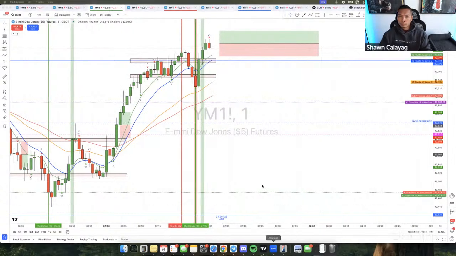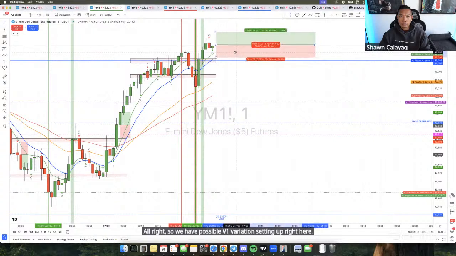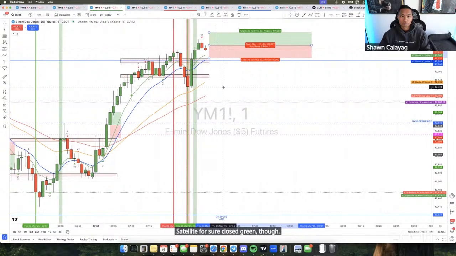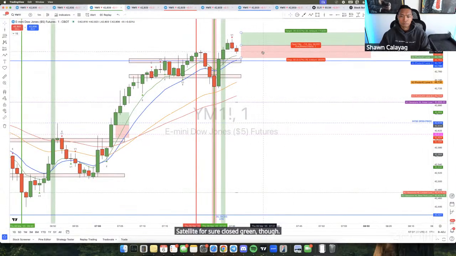All right, so we got a possible V1 variation setting up right here. V1 and MPSV2. So I'll be looking to take this here if it closes. It's got to for sure close green though. ACR is currently at 36.